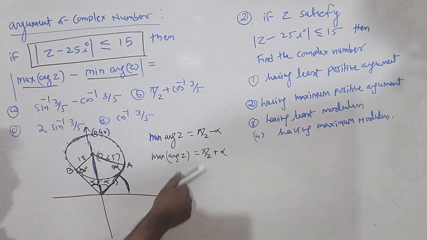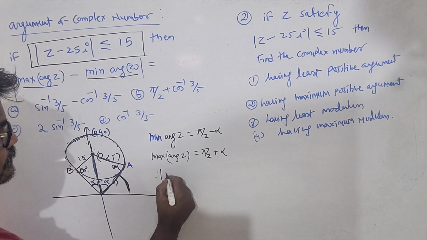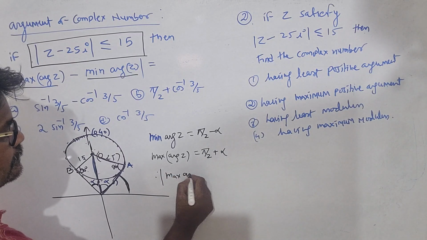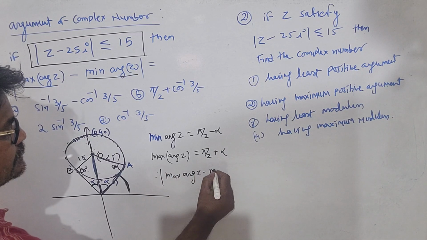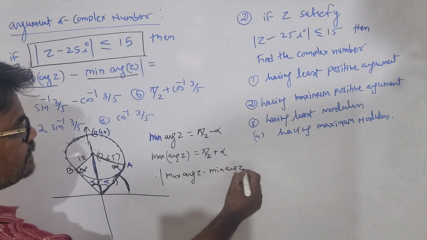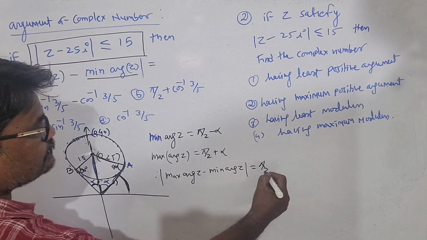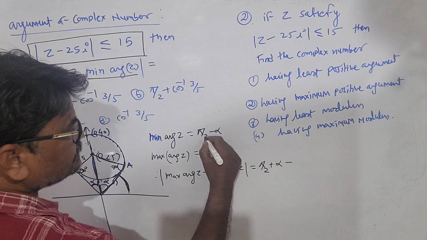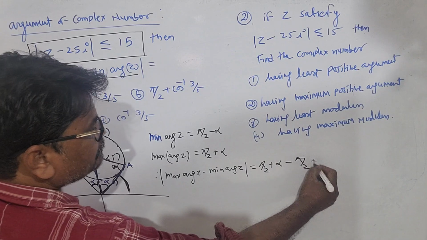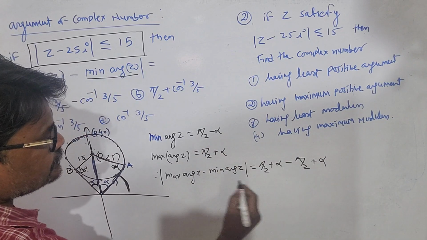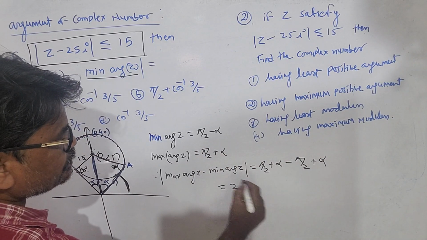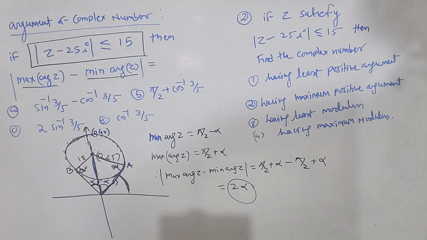Therefore their difference, the maximum of argument of z minus the minimum of argument of z, is (pi by 2 plus alpha) minus (pi by 2 minus alpha). So that will be 2 alpha. Finally, you have to find alpha, then you can find 2 alpha.